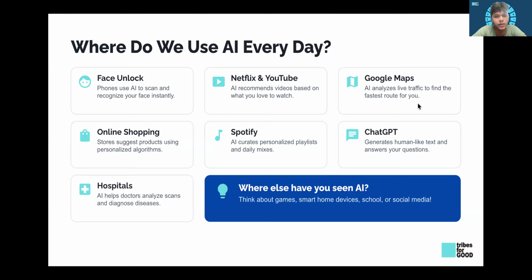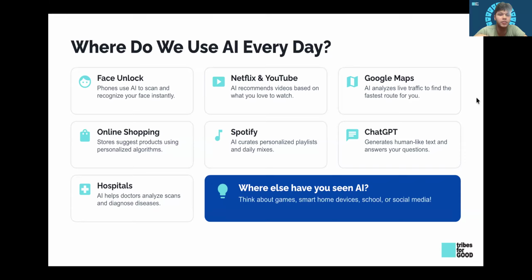Then online shopping. In online shopping, the Amazon website is also kind of an AI. Spotify, I just told you that it is AI. Then ChatGPT, I also told. Hospitals also use AI. It's written here, AI helps doctors analyze scans and diagnose diseases.